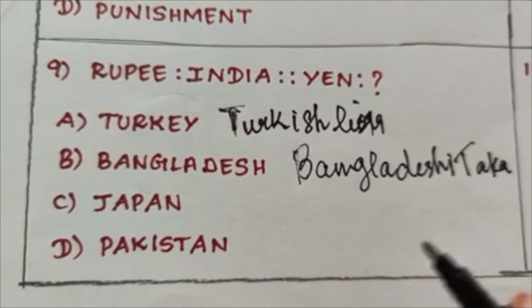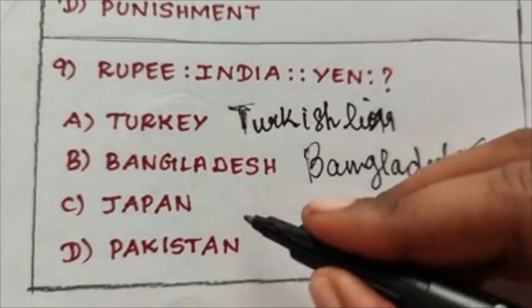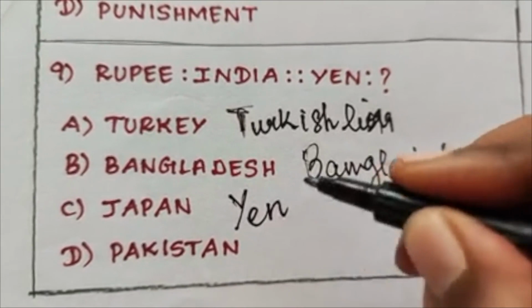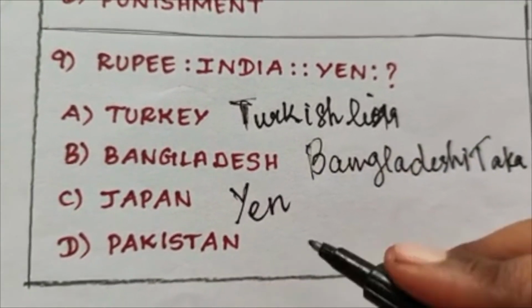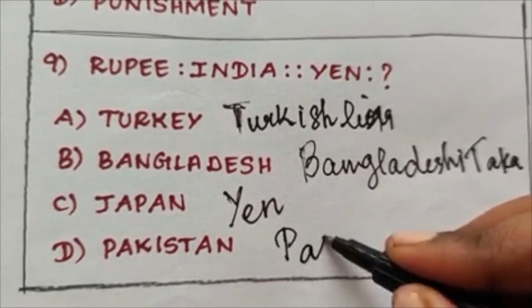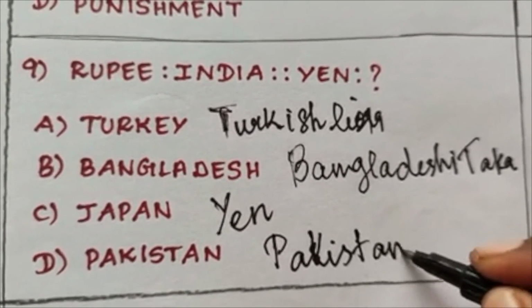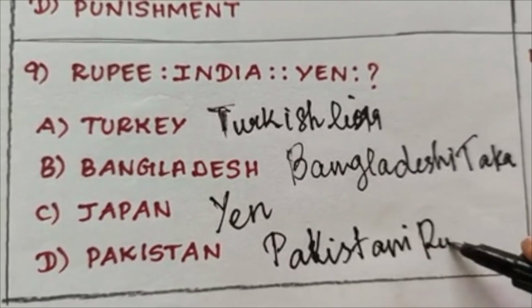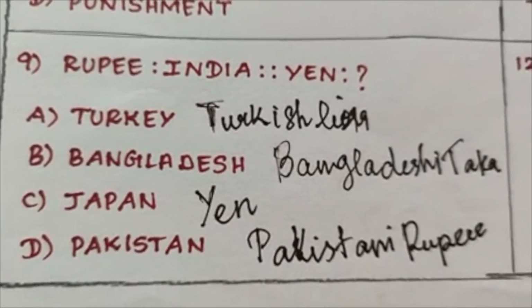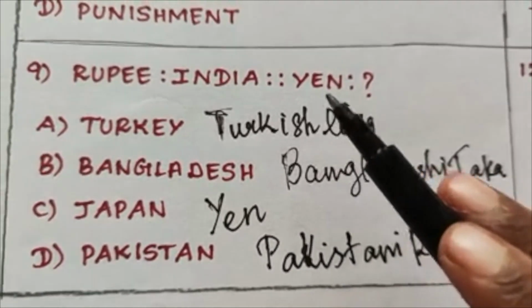And currency name of Japan, yen. Currency name of Pakistan is Pakistani rupee. Here we have to find what is the currency.